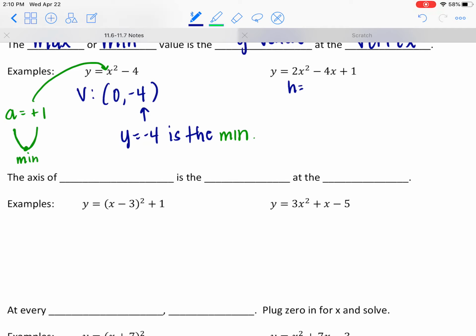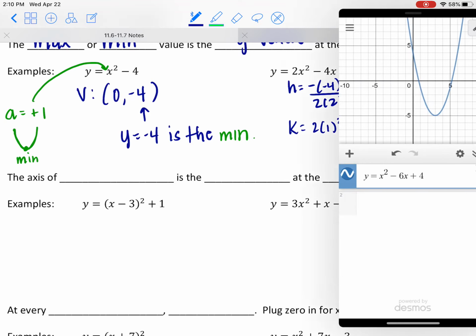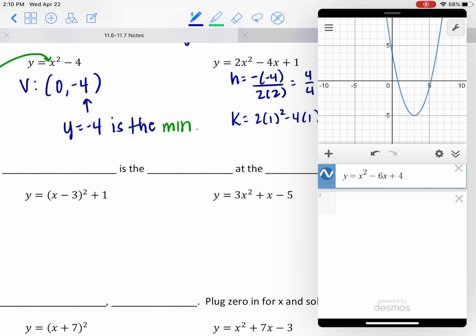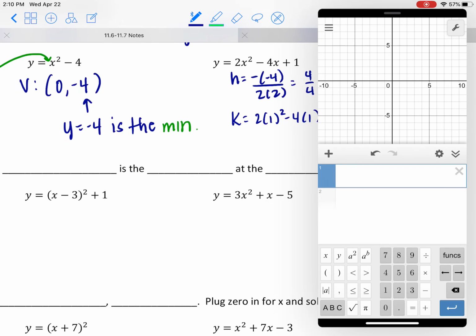Okay? Now, the second one here is not going to be as clear because I can't just tell where the vertex is by looking at it. This is one where I'd have to calculate the vertex using my formula. So h is going to equal negative b over 2 times a. That's 4 over 4, which is 1. If I plug that in, then k is going to equal 2 times 1 squared minus 4 times 1 plus 1.